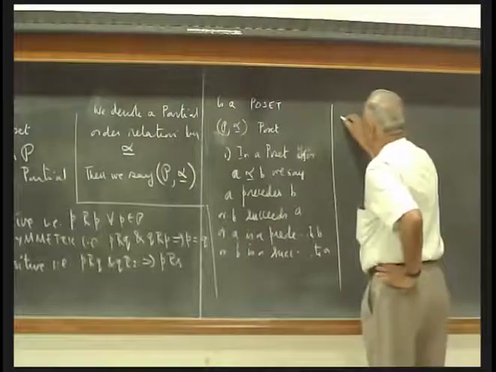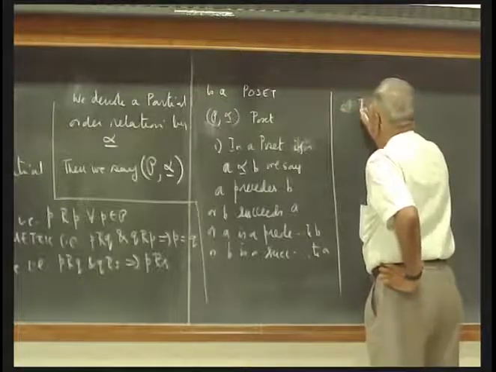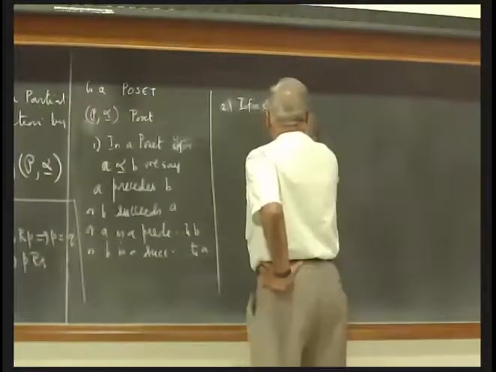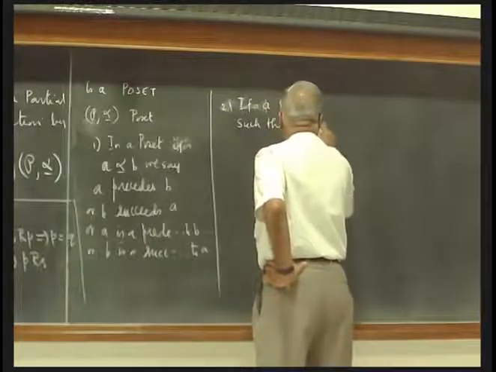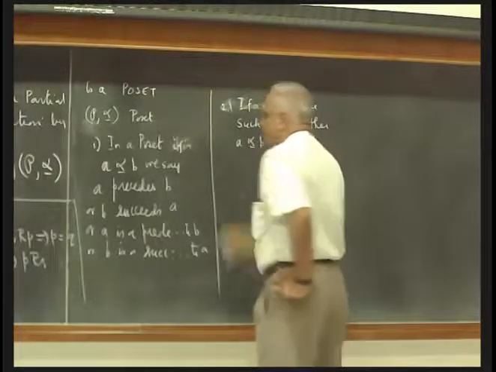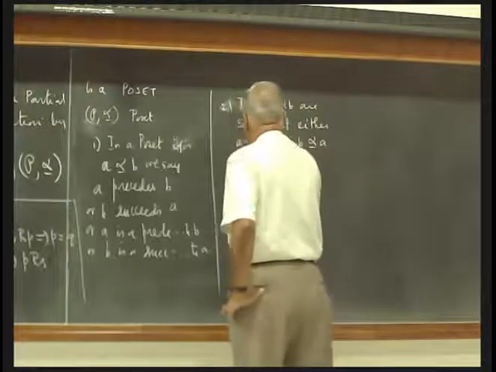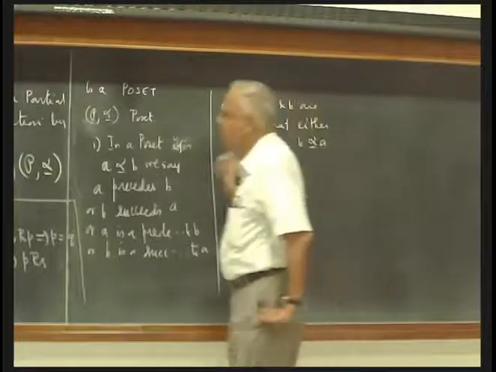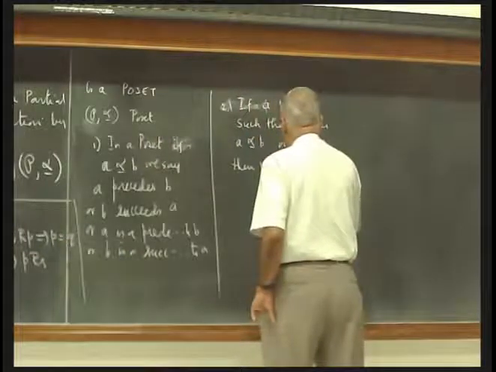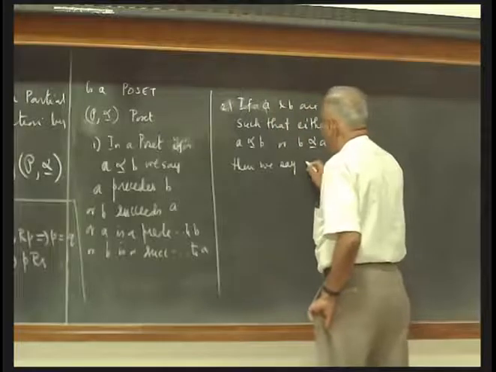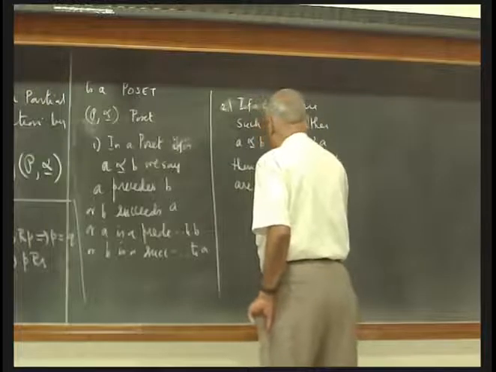Okay, the second comment is, in a poset, if A and B are such that either A precedes B or B precedes A, then both cannot happen, because if both happen then A equals B. Then we say A and B are comparable.